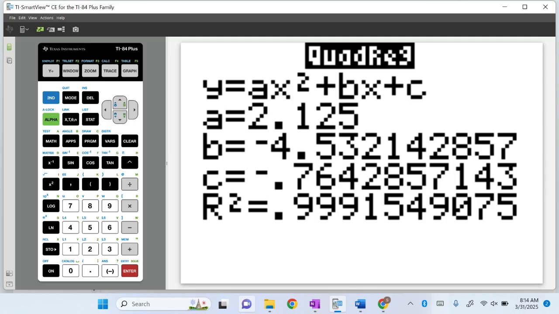And it tells you that a is equal to 2.125, b is equal to about negative 4.43, and c is equal to negative 0.7642. The r squared we'll talk about later. We've talked about it before, but that's essentially the coefficient of determination. It's just saying that this fit is about 99% a good fit.